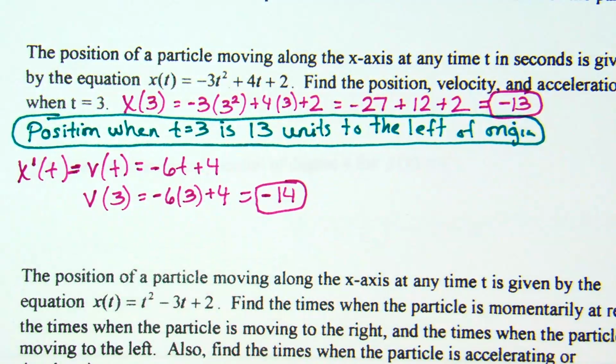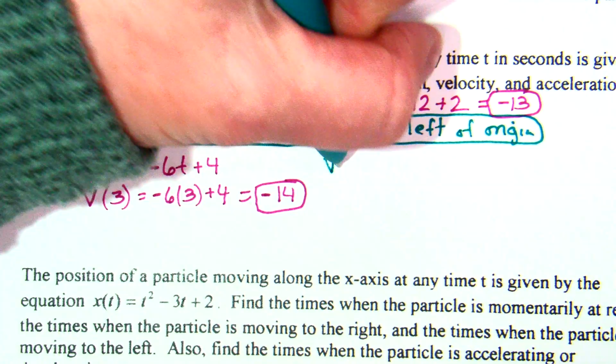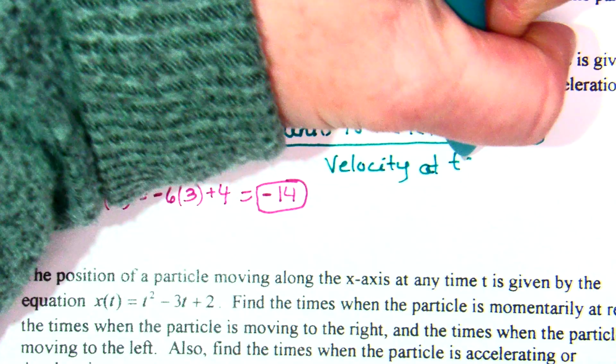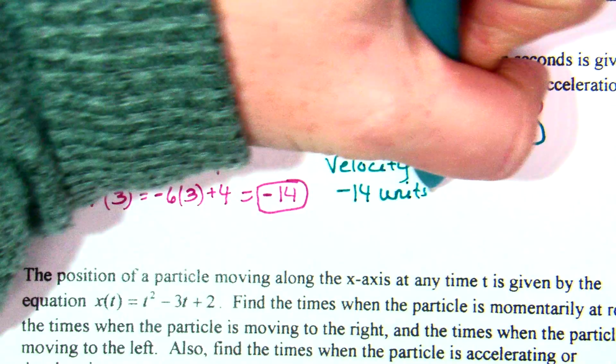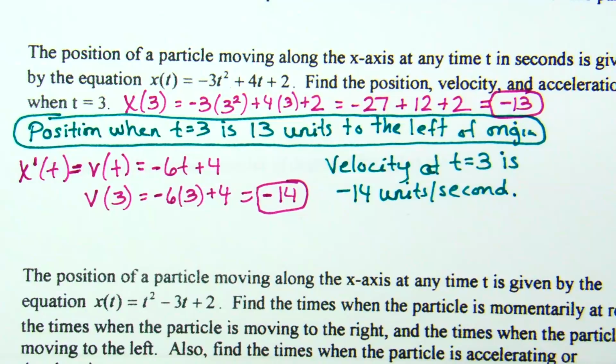So velocity is negative 14, indicating moving left or backward. So the velocity at t equals 3 is negative 14 units per second, and you could tack on there moving backward if you wanted to.